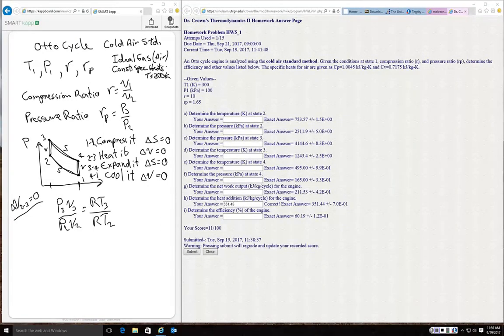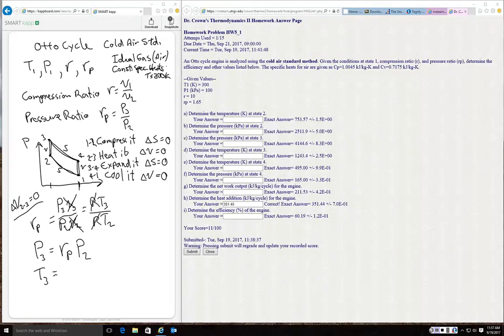And then it's a constant volume process, so V3 over V2, if V isn't changing, equals 1. So those terms cancel, and I am just left with the ratio of the pressures equals the ratio of the temperatures. Well, that's convenient because we've defined RP as P3 over P2. So if I'm given RP and I just found P2, then this is as simple as P3 equals RP times P2, and T3 is equal to RP times T2.